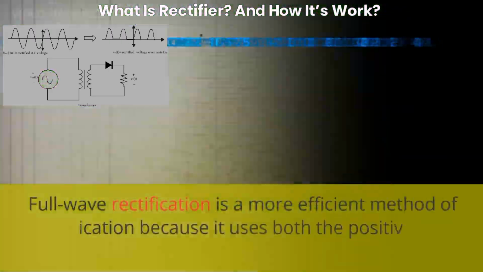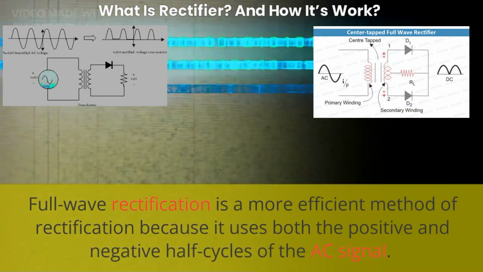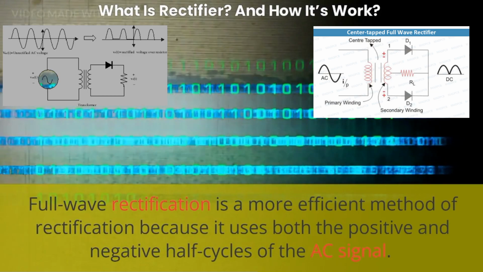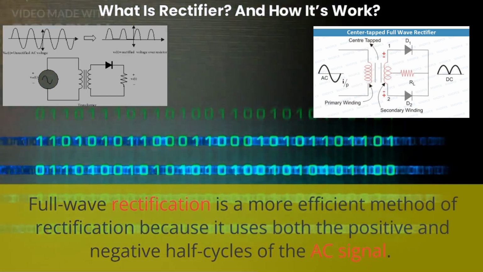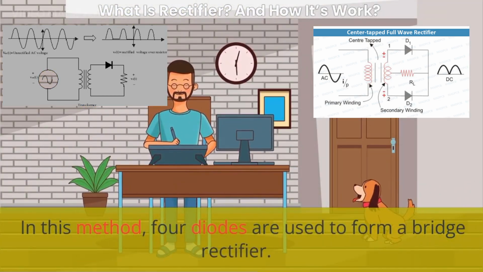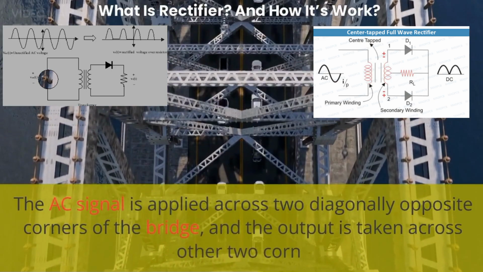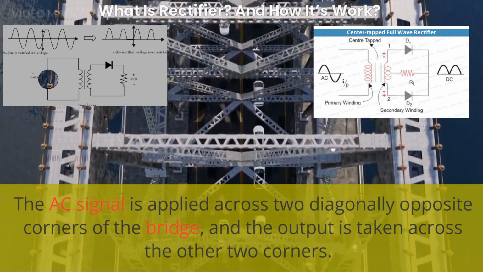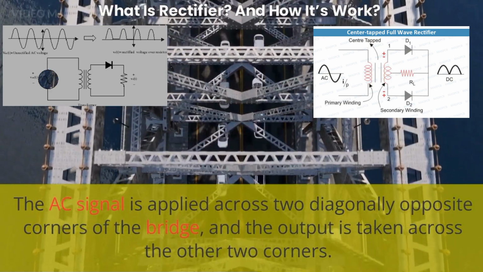Full-wave rectification is a more efficient method of rectification because it uses both the positive and negative half cycles of the AC signal. In this method, 4 diodes are used to form a bridge rectifier. The AC signal is applied across 2 diagonally opposite corners of the bridge, and the output is taken across the other 2 corners.